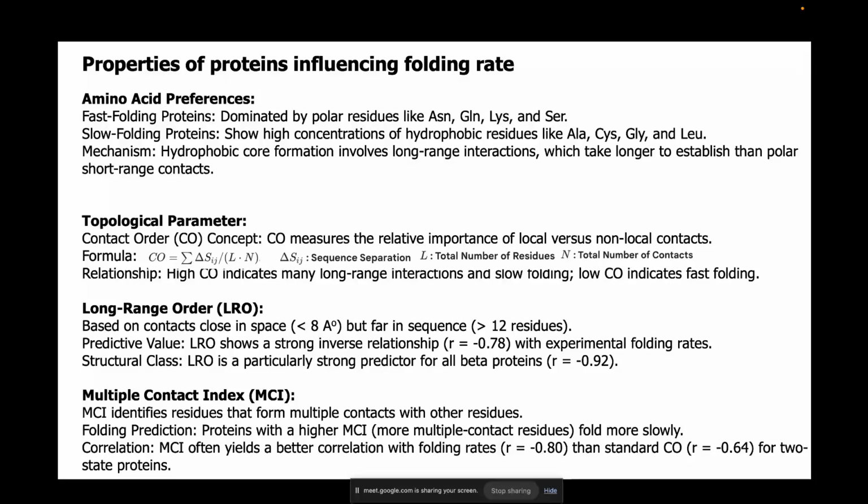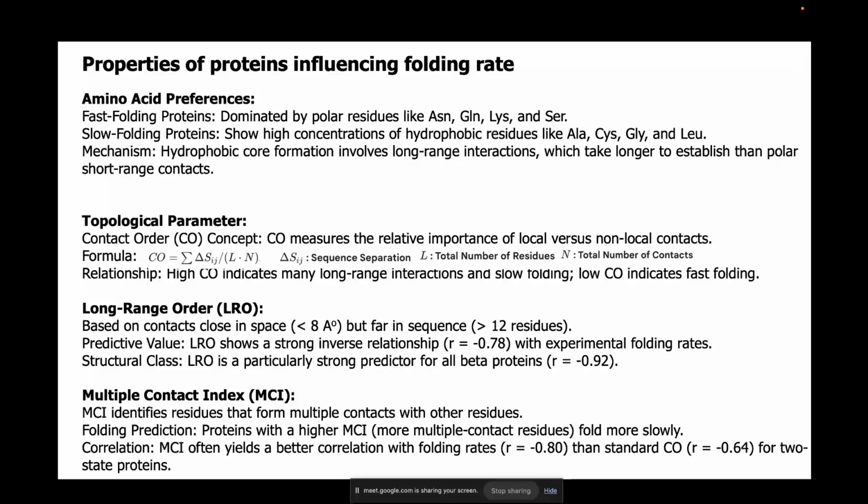If you look at the data for long range order and also for another parameter called multiple contact index, it shows a negative correlation, an inverse relationship. LRO is also a very good predictor for all beta proteins, all the beta barrels and those kinds of proteins.